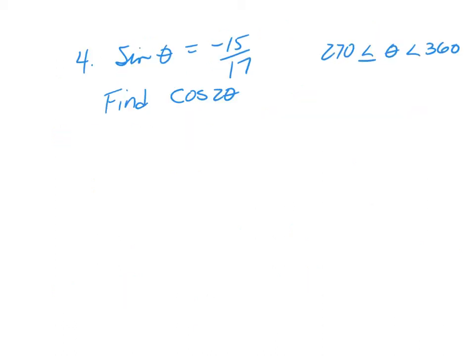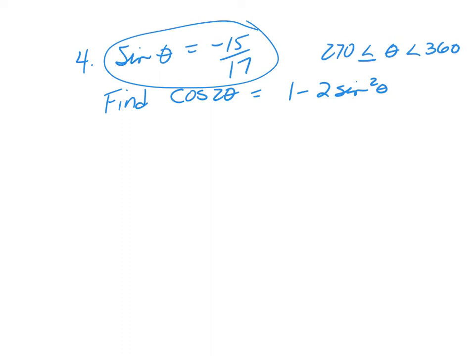Okay, so they tell me the sine, and they want me to find the cosine of 2 theta. So I look at my 3 choices for cosine of 2 theta, and since I already have the sine, I'm going to pick the last one.